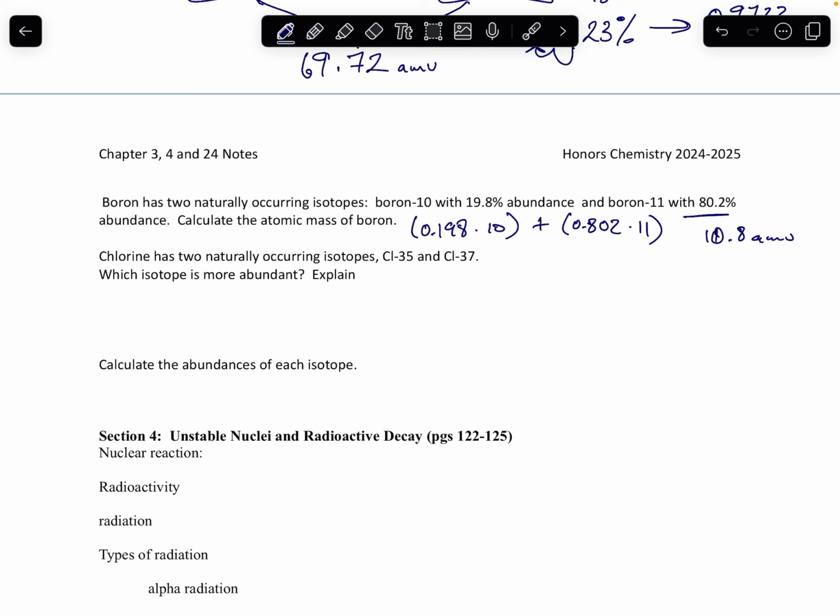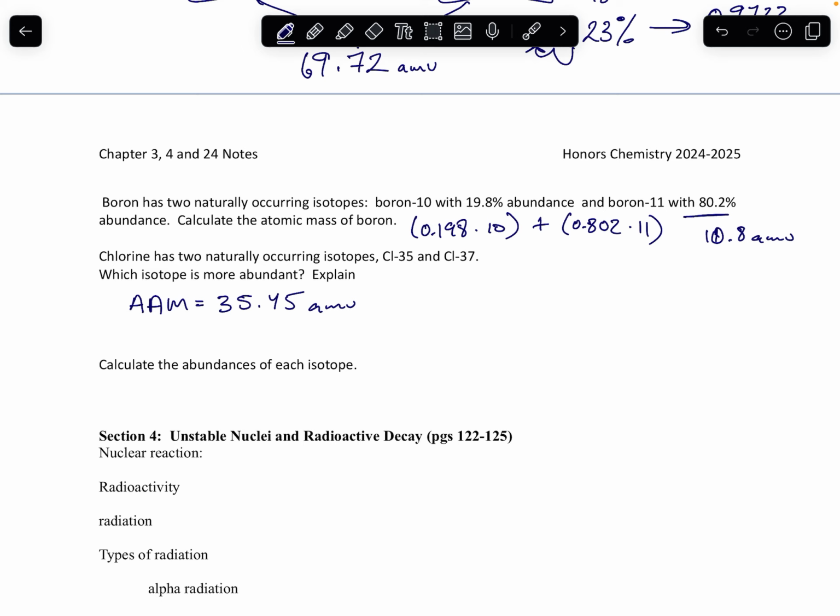Okay, and I'm looking at the average atomic mass underneath. Okay, the average atomic mass, 35.45 AMU.